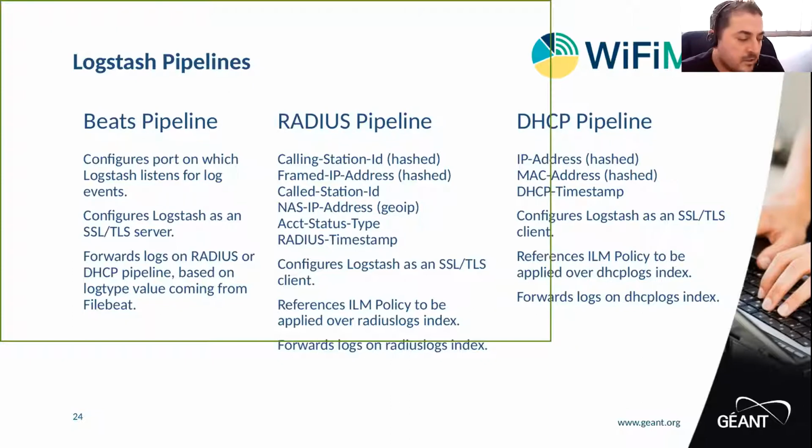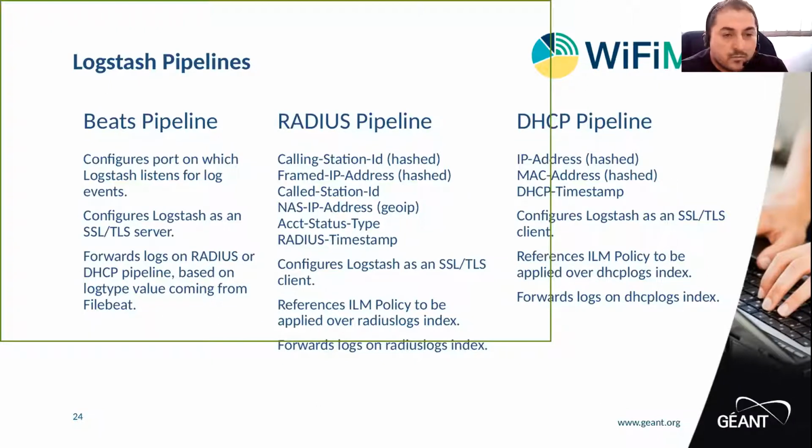It's a kind of routing pipeline, and it serves the other two pipelines. It configures Logstash to listen for events, configures a port there, and also configures the TLS communication encryption. Logstash acts as a server and as a client because it is receiving and forwarding data as well.